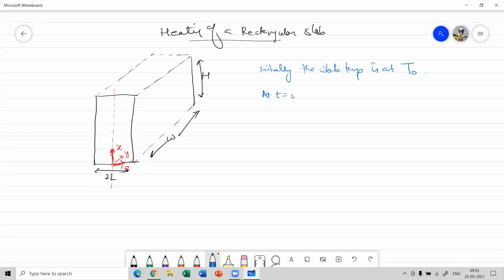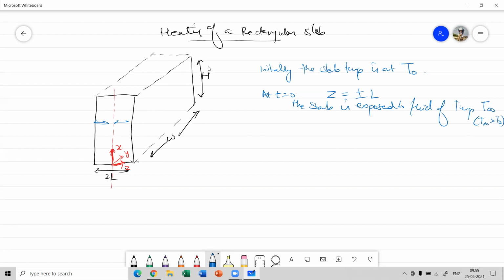At t equal to 0, the temperature at both the surfaces, that is z equal to plus minus L, over here and on this side, both the slab surfaces are exposed to a fluid at z equal to plus minus L. The slab is exposed to a fluid of temperature T infinity, which is much greater than T0.